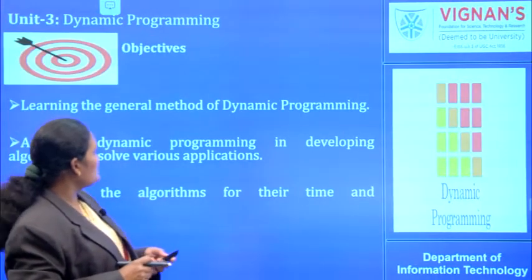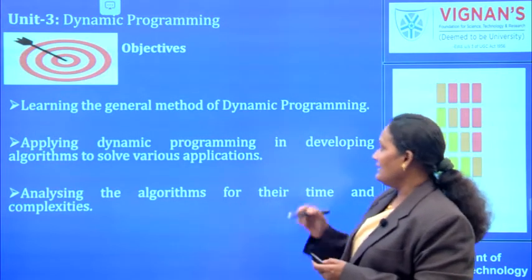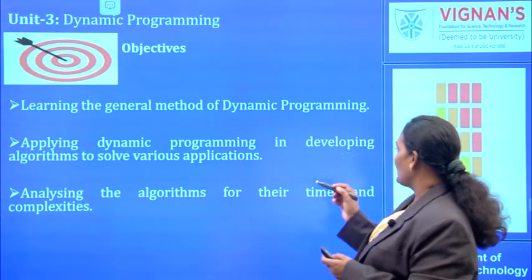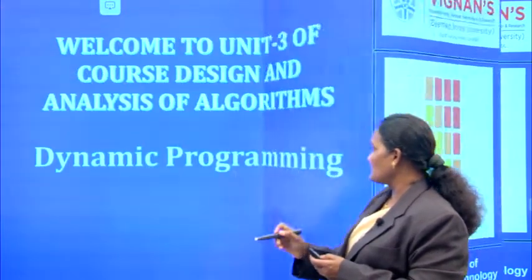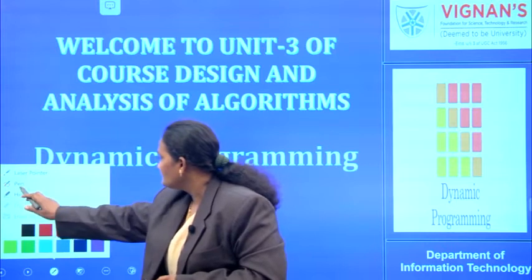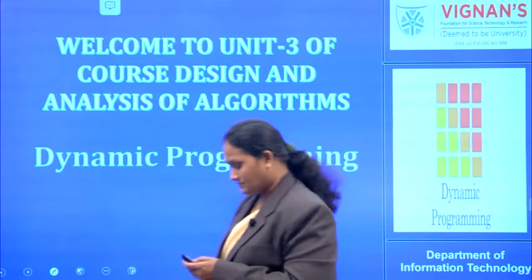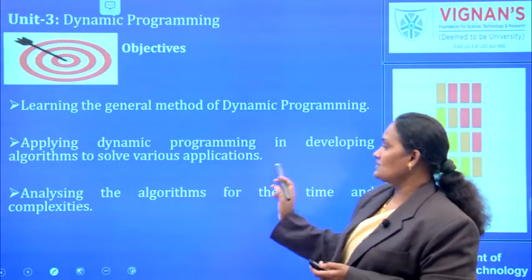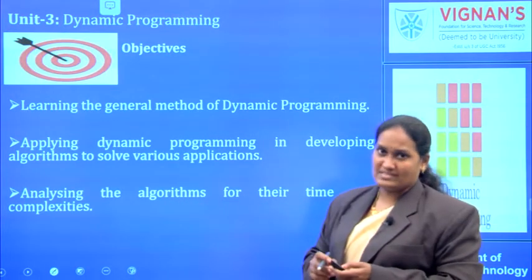The main objectives of this unit are learning the general method of dynamic programming, applying dynamic programming in developing algorithms to solve various applications, and analyzing the algorithms for their time and space complexities.